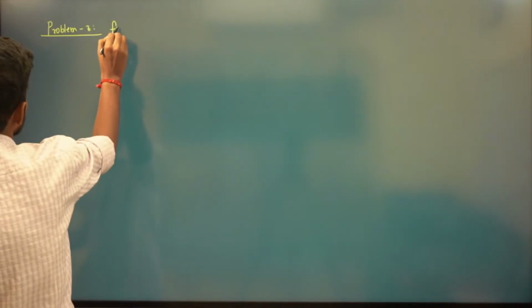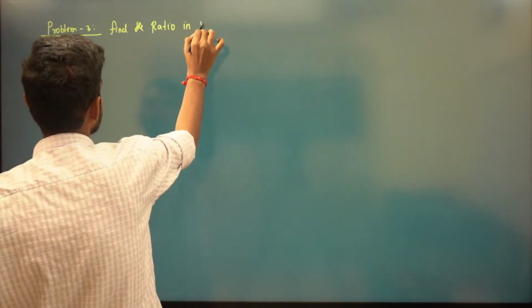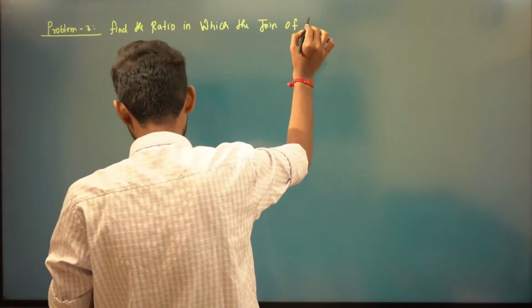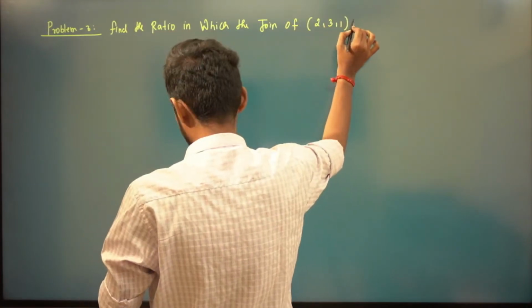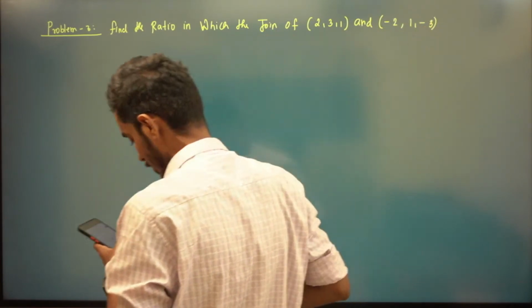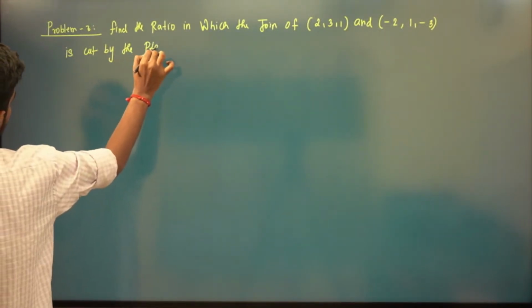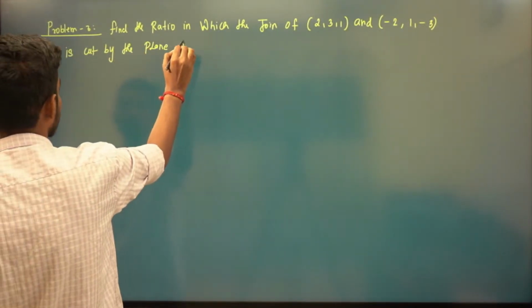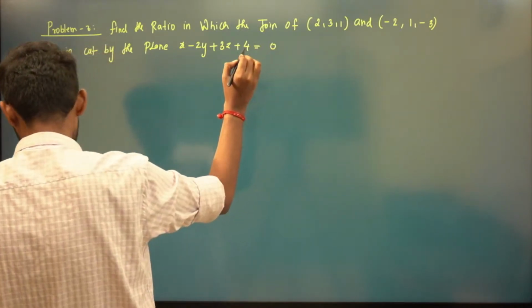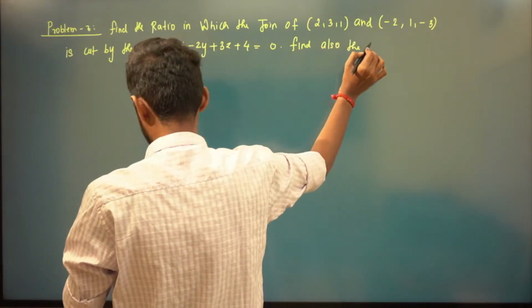Find the ratio in which the join of (2, 3, 1) and (-2, 1, -3) is cut by the plane x - 2y + 3z + 4 = 0.